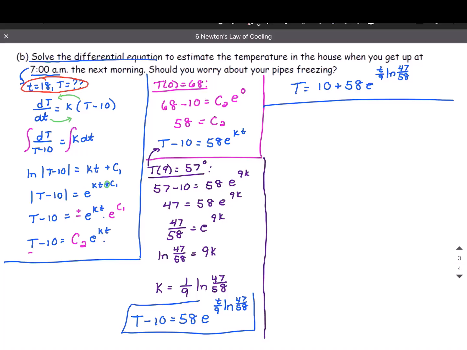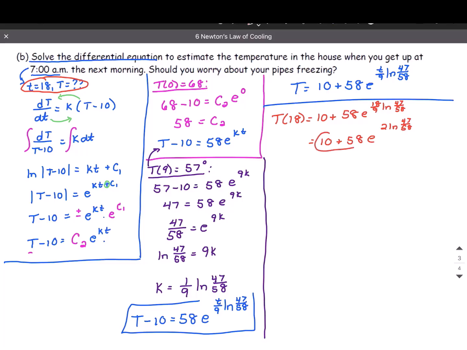So we're going to do T of 18. That's going to be 10 plus 58 e to the 18 over 9 natural log of 47 over 58. So this is 10 plus 58 e to the 2 natural log of 47 over 58.